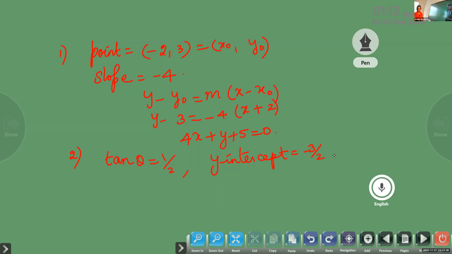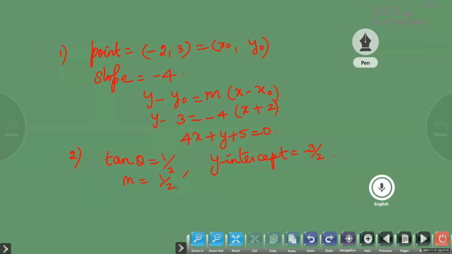So what is the formula here? Aparna, tan theta is given. Tan theta means m, isn't it? Slope, it is 1/2. And what about y-intercept?